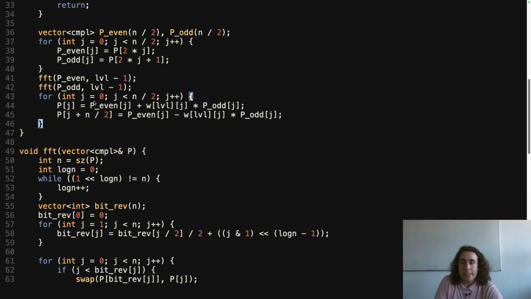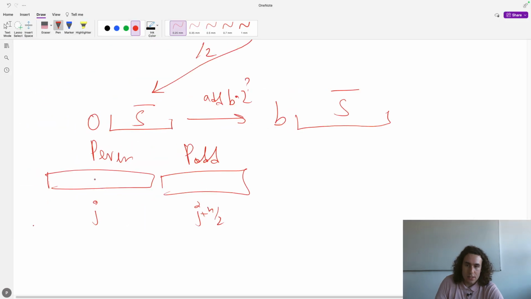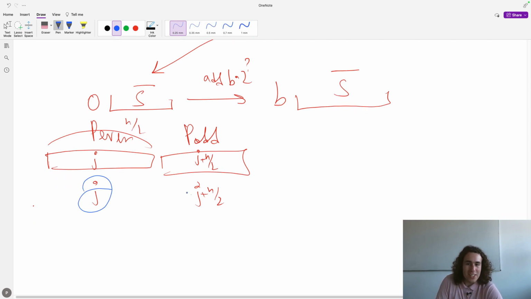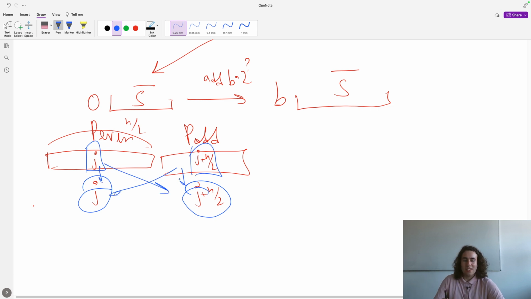They are calculated through indices j in p even and p odd. The jth index in p even is just j half, and the jth index in p odd is just j plus n half, because these are n half elements and these are stored here. So actually we calculate these two values using them, right? We only use these two values to calculate these two values.